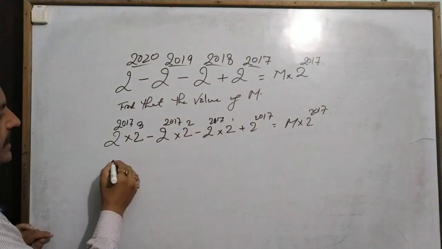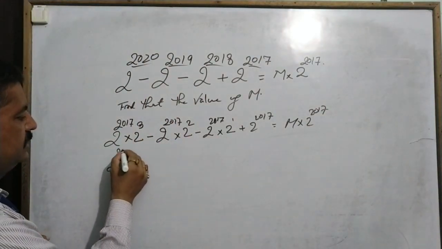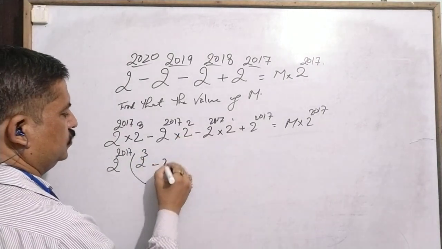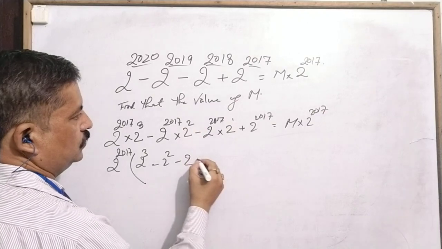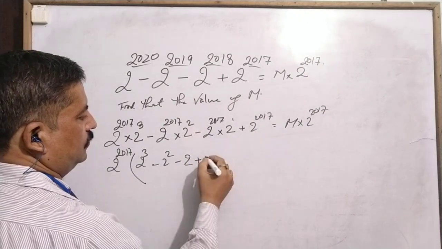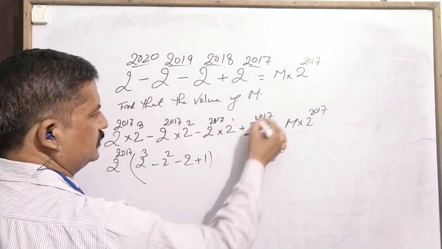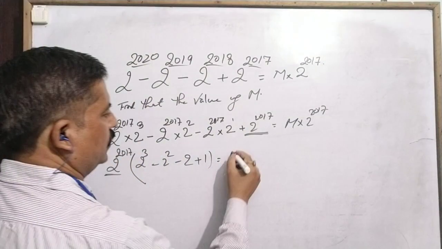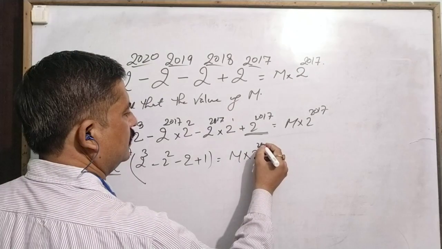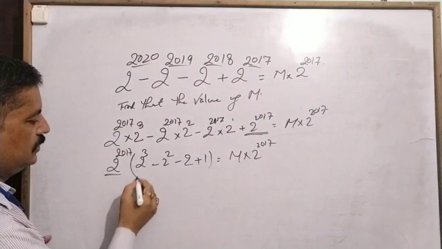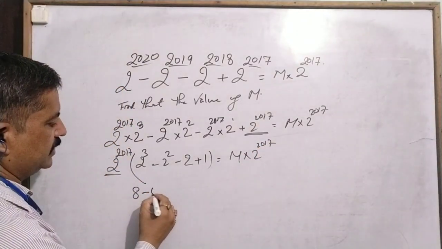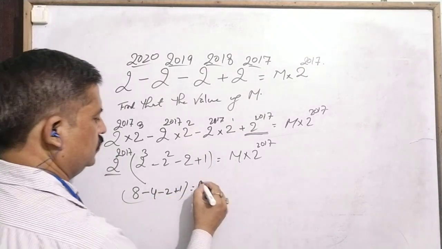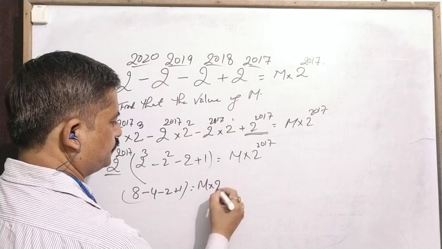We just take 2 to the power 2017 common: 2 to the power 3, 2 to the power 2, 2, plus 1, equals m into 2 to the power 2017.